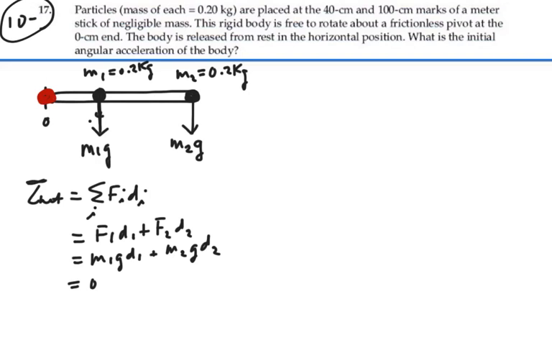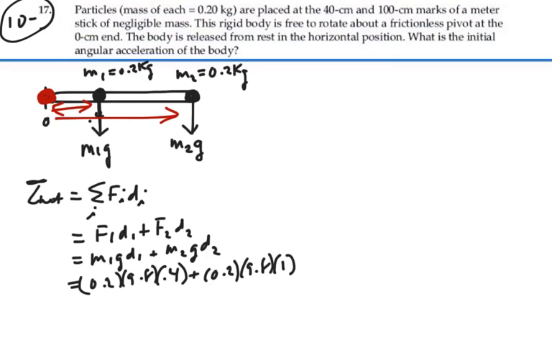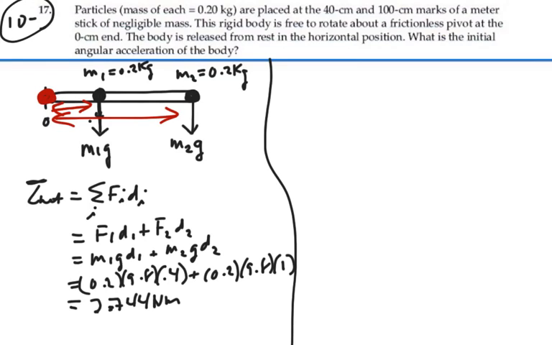And in this case, that's going to be 0.2 times 9.8 times 0.4 meters, plus 0.2 times 9.8 times 1 meter about this axis, because our moment arms are our distance respectively from our axis of rotation. 0.4 here, 1 meter there. So we're going to end up with what? 2.744 Newton meters. That's the net torque on this meter stick about that axis.